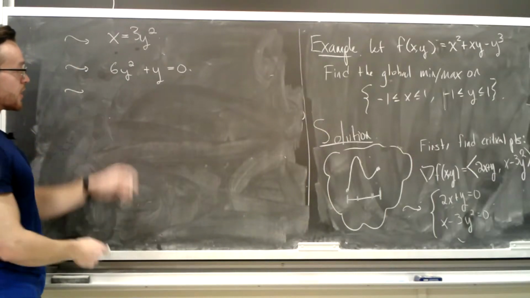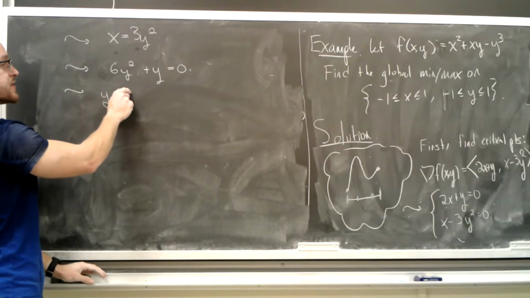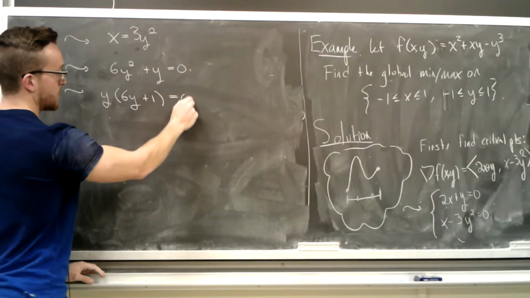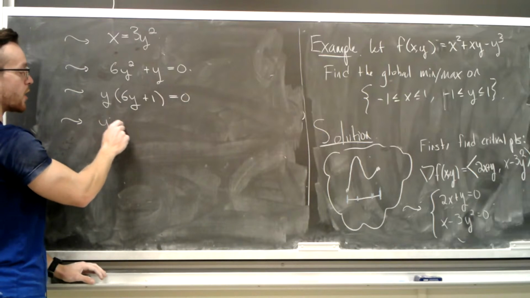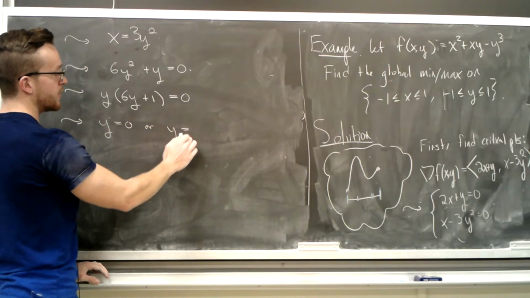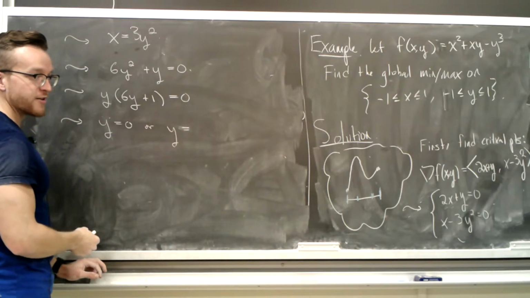In particular, I would probably factor out a y, and I would get y times 6y plus 1 equals 0. This gives me two y values. Either y could be 0 or, I'm probably going to regret this later, y could be negative 1/6.